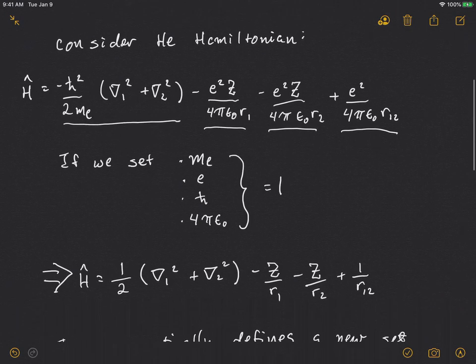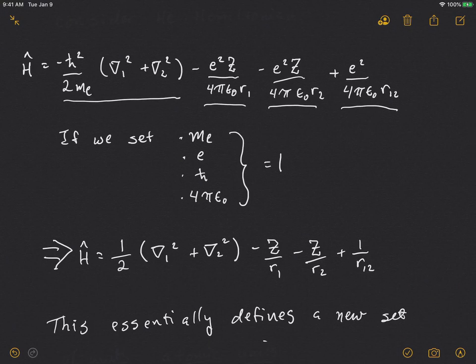We'd end up with something that looks like this: H equals 1/2 (del 1 squared plus del 2 squared), minus z over r1 minus z over r2 plus 1 over r12. Seems great, right? A lot cleaner.